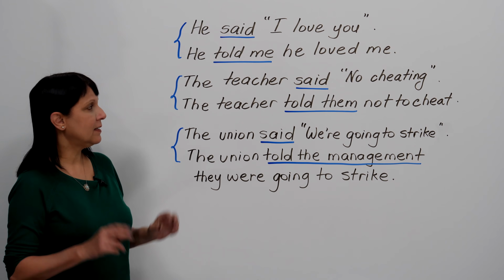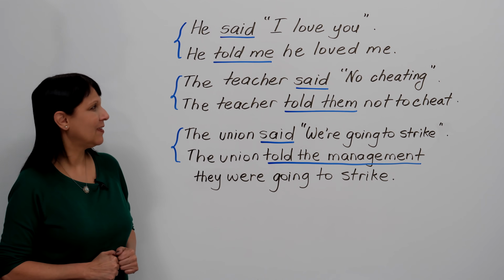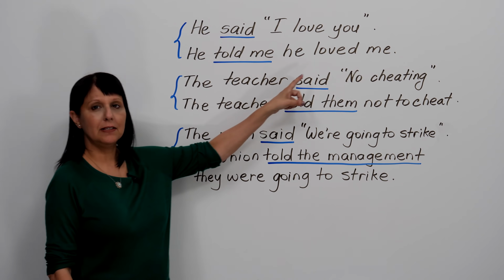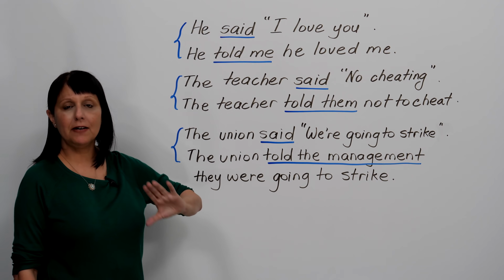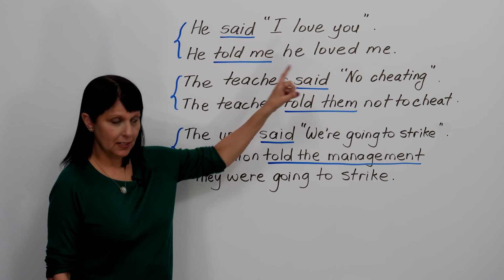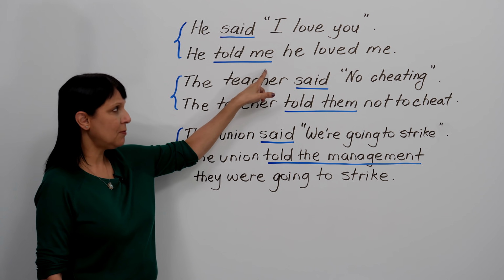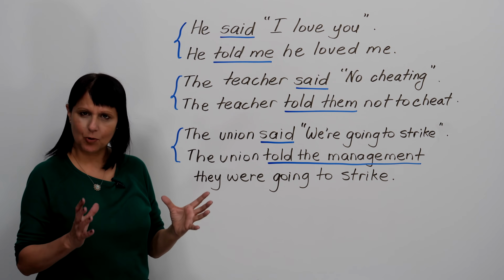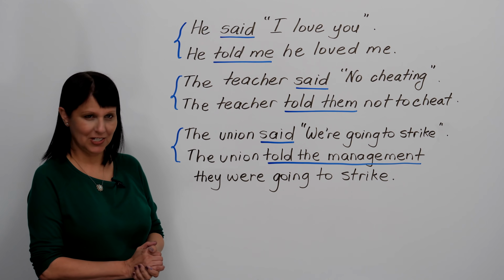He said, I love you. But he told me he loved me. Okay? So we have the same principle. Say plus something. Tell someone something. Okay? You see that it works the same way even when we have the quotation.